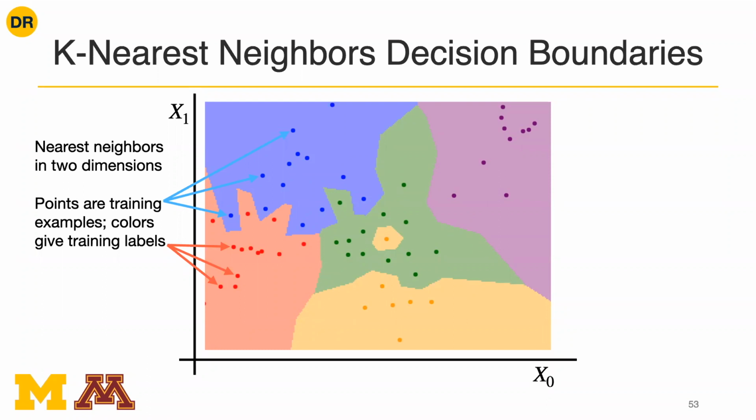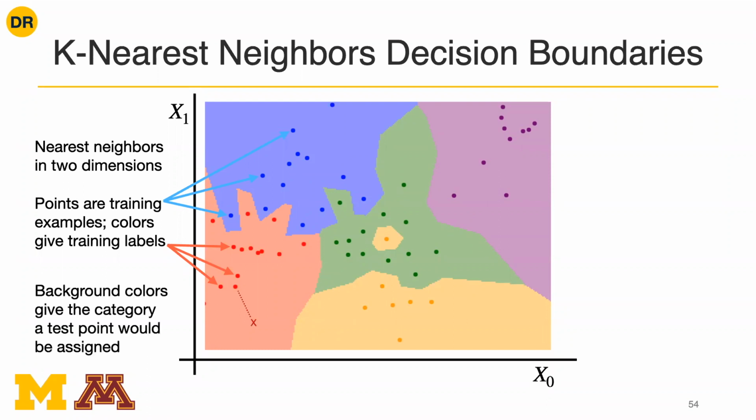And any other pixel that is colored with a lighter background is something that you can think of as being classified as a test sample. So if you take a particular pixel that has a particular color, it's because these are the nearest neighbors for that pixel.